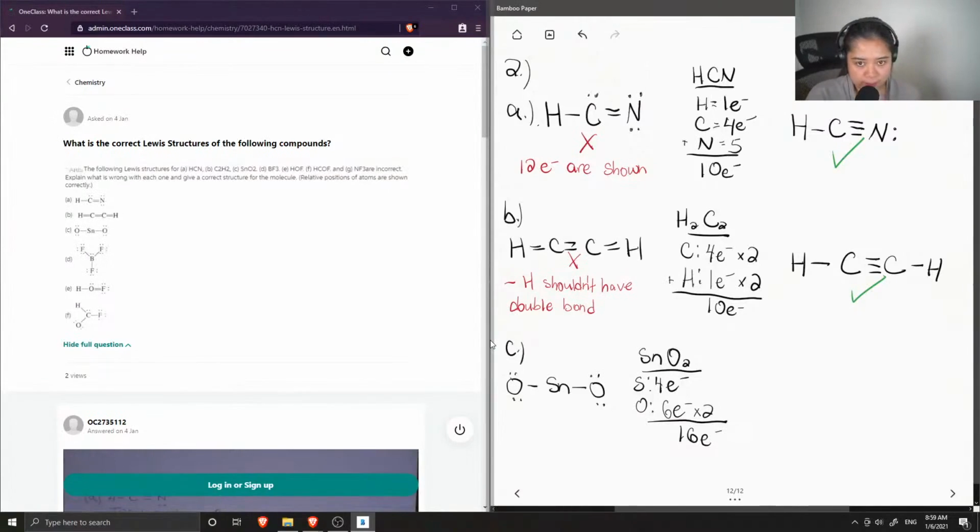And if we look at the incorrect molecule, you'll notice that tin doesn't have a full octet. So I'll say Sn doesn't have a full octet. And if we count out all the electrons in this molecule, there are only 12 when we need 16.